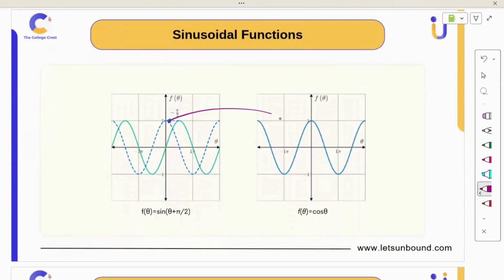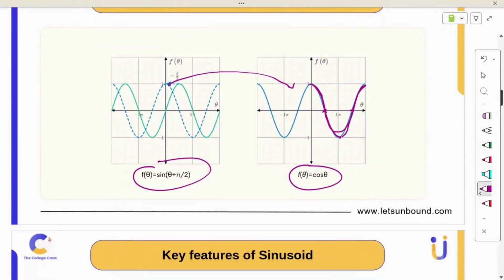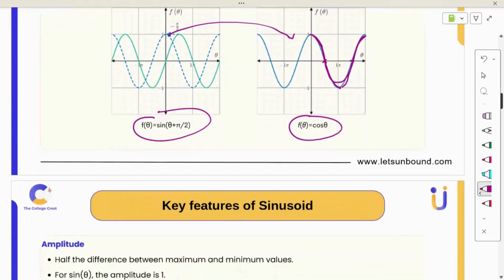Can you see? It starts from 1 and decreases, crosses at pi by 2, minimum at pi, again it levels up, crosses at 3 pi by 2, and reaches 1. So this structure is cosine, right? So sine theta plus pi by 2 is the same as cos theta. Sine and cos are sinusoidal functions.